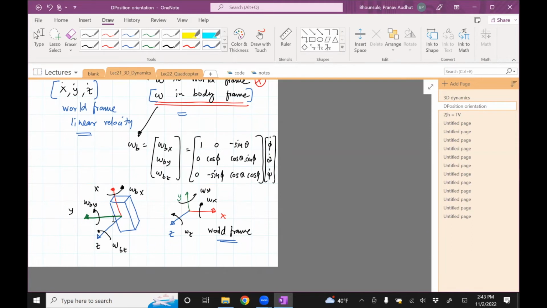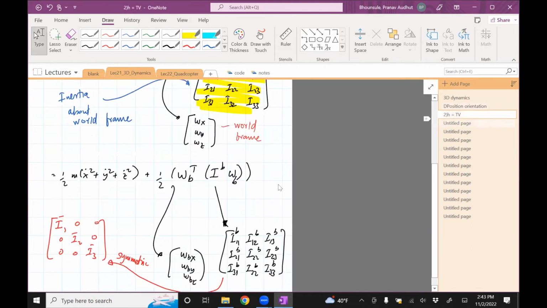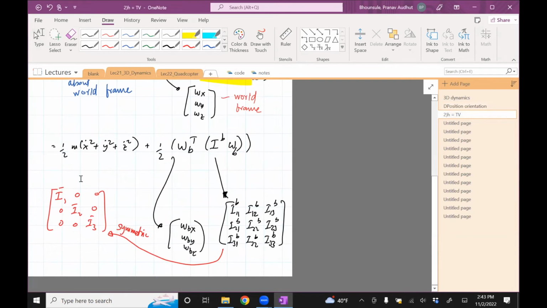So when I write the equations in this fashion, I don't need to keep track of the inertia. I can get it from a CAD file, for example, which will give me the inertia about the body frame. I can just plug it into this equation and go from there instead of using all these rotation matrices to keep track of that.